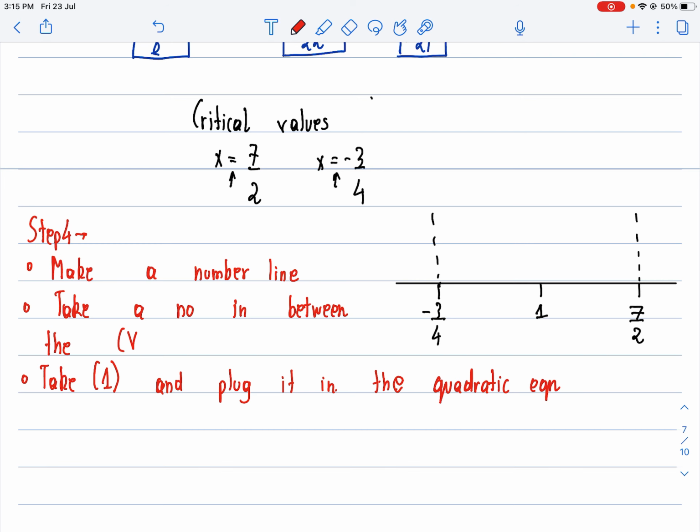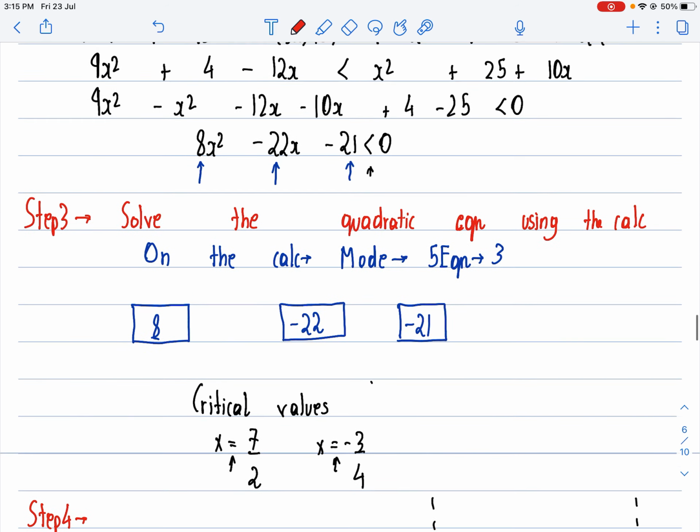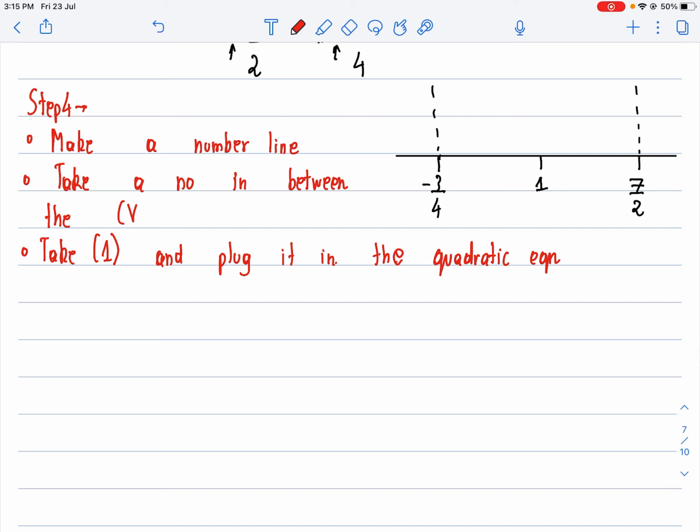So you take 1 and substitute it in this equation here. You simply get 8 into 1 square minus 22 into 1 minus 21. When you do that, you get your answer as minus 35.